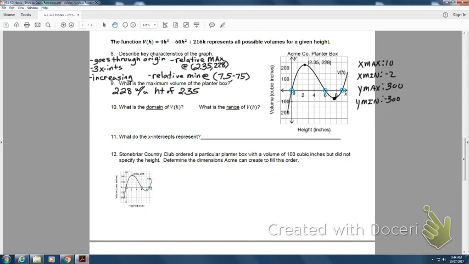So, does this part of the graph make sense? What are all these numbers, the red line I just put on there? All those are what kind of numbers? Negative. Can you have negative volume? No, it doesn't make sense. So if we're answering questions about the planar box, for lack of a better word, we need to ignore that part of the graph.